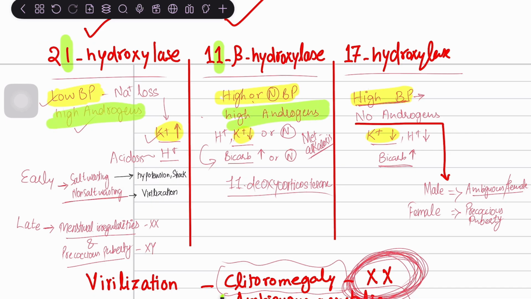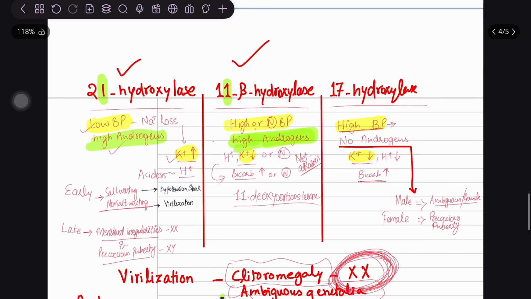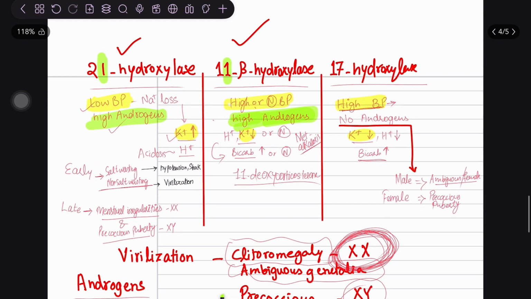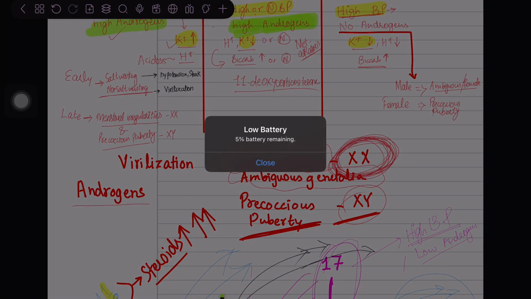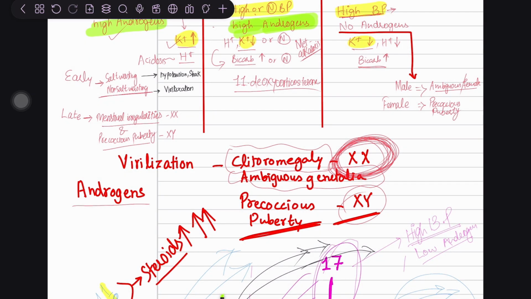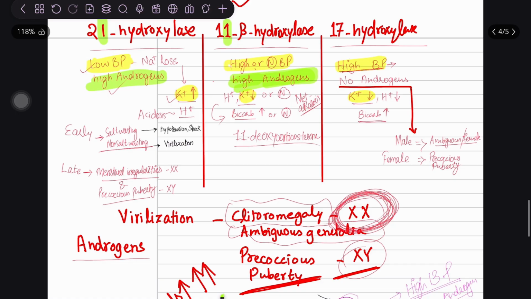Note it down, guys. This is very high yield. This will get you questions right. Ending in one, high androgen. High androgens mean ambiguous genitalia or clitoromegaly for XX, precocious puberty in XY. This is high yield and it is done. You've got it. 11 versus 21.